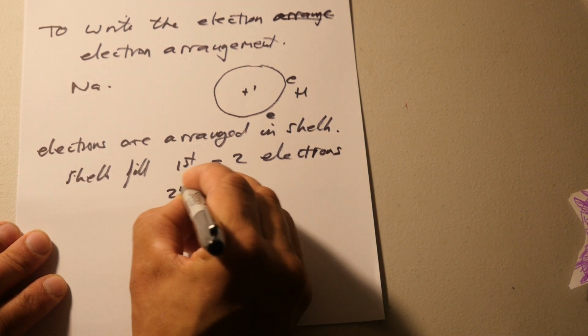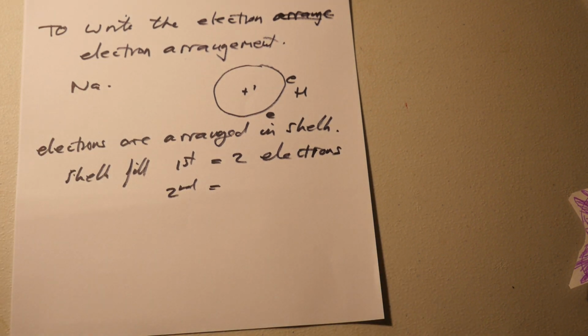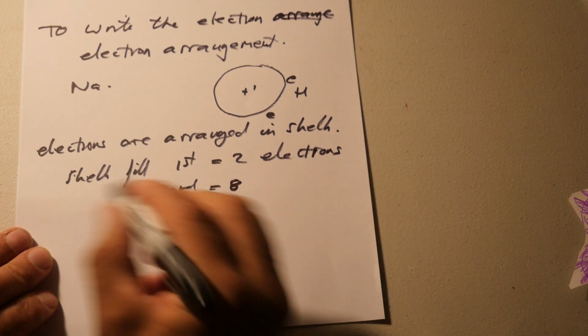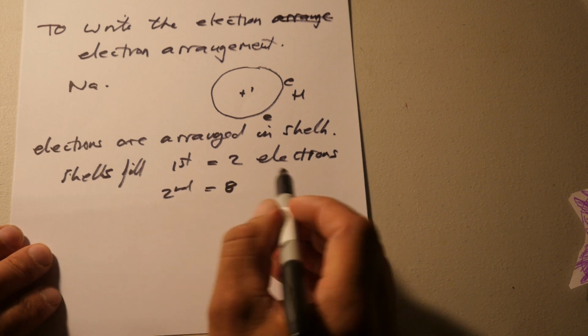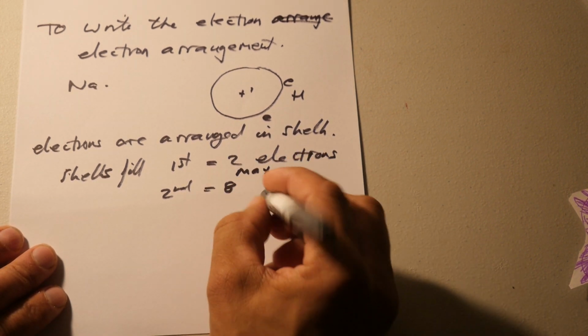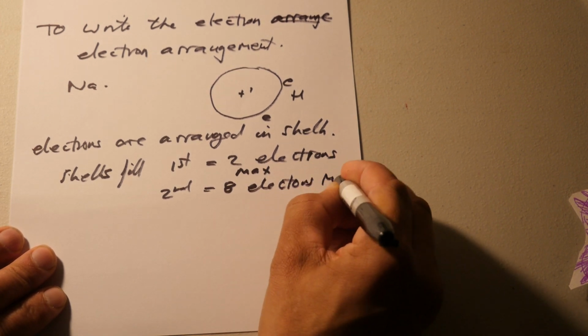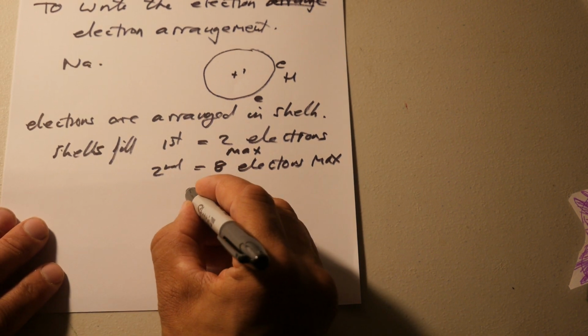The second shell has 8, okay? This is the maximum. Shells fill: first 2 electrons max, okay? Second is 8 electrons maximum, okay? 2, 8, 18, 32.